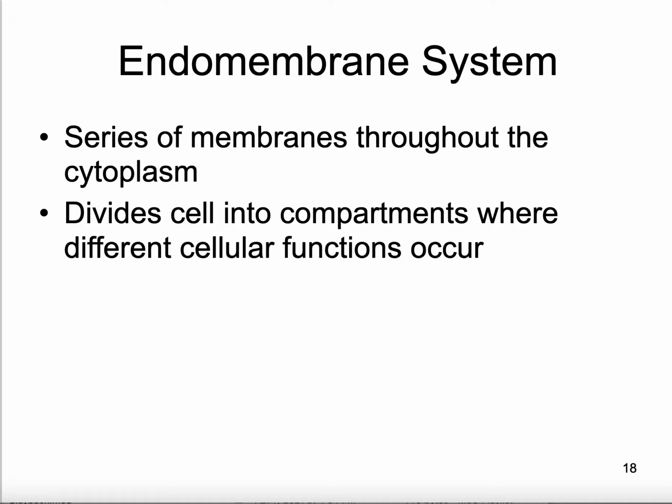So membranes of different parts of the cell are said to be in this endomembrane system because those parts that are in the system have membranes that are either actually physically connected, like fused to one another, or they exchange parts of themselves with each other. And this will make a little bit more sense as we look at examples.